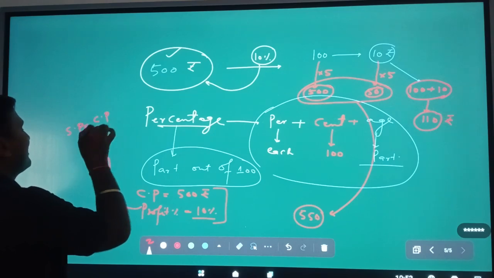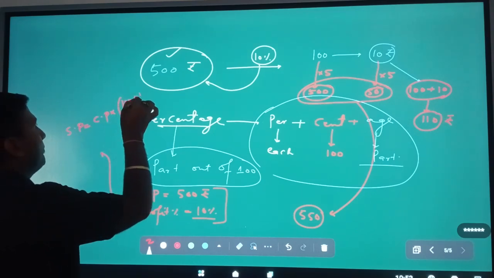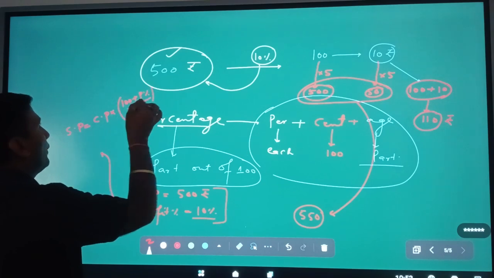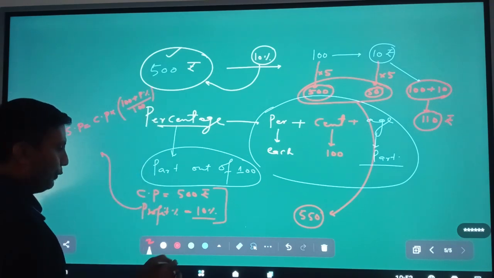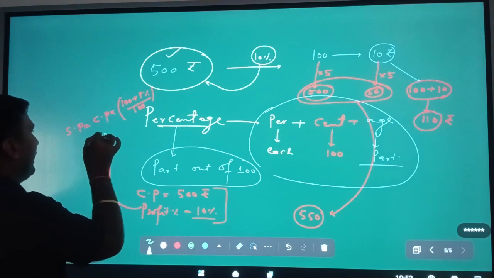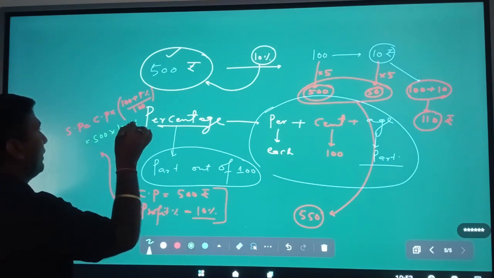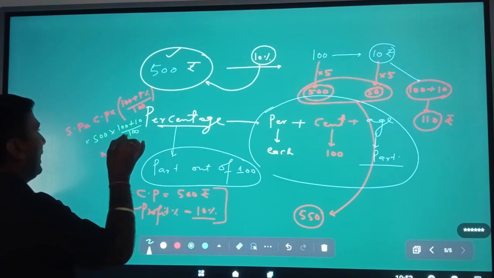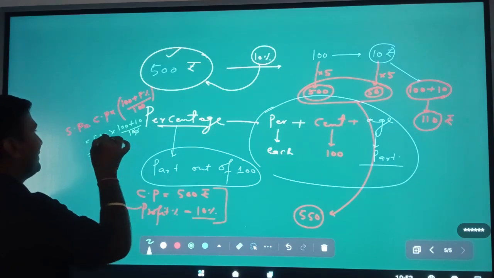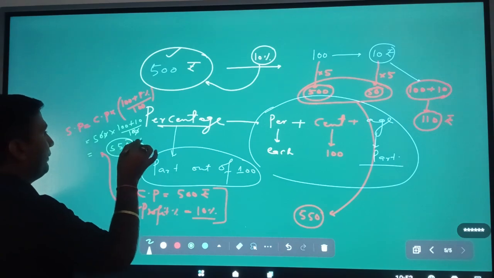Selling price is equal to cost price into (100 plus profit percentage) upon 100. If we put things in this format, 500 into (100 plus 10) upon 100, and after calculating, you are going to get the same amount, 550.